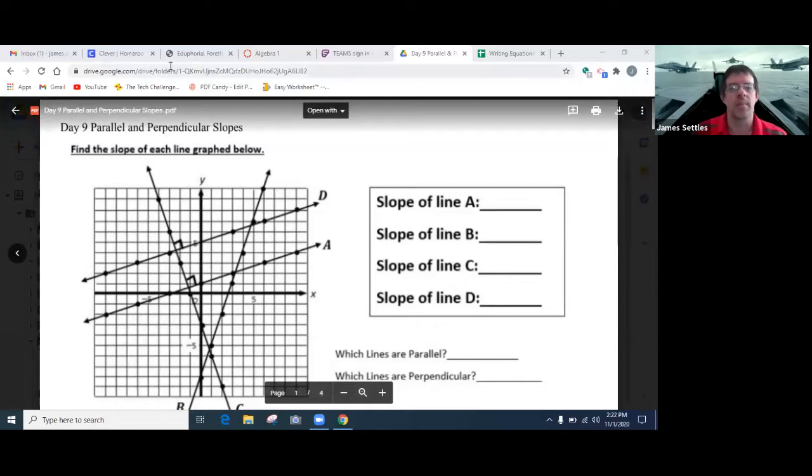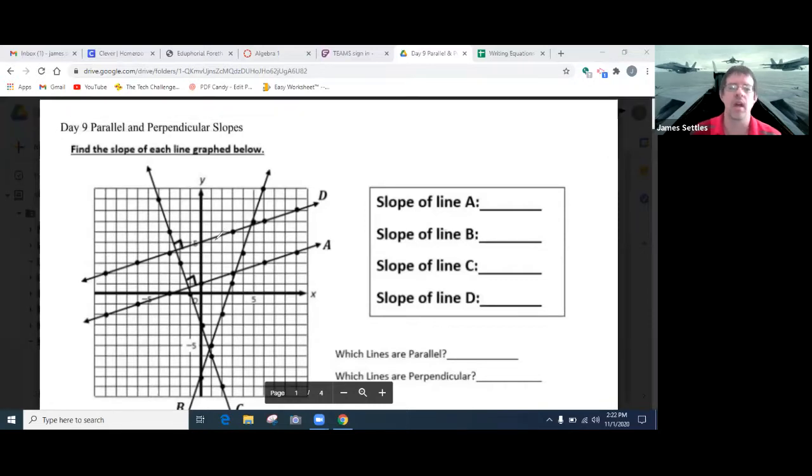Today we're going to be talking about parallel and perpendicular, and I am not going to go in depth on this part right here, but I'm going to kind of rush through some stuff. So I want you to see these lines A and D right here, and you can tell that they're parallel lines.